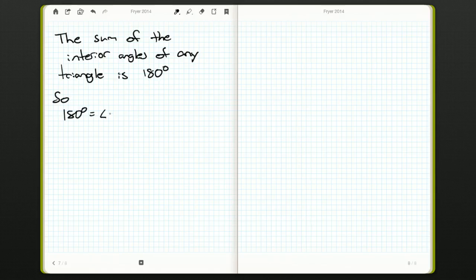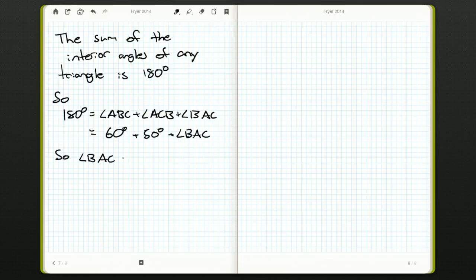So we know the other two angles, ABC, and we know ACB, and we're asked for BAC. So that's 60 degrees, 50 degrees, BAC.